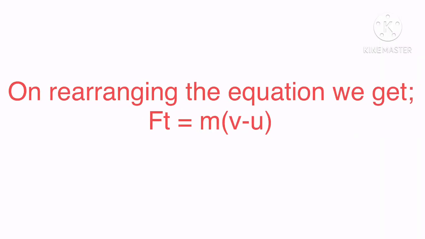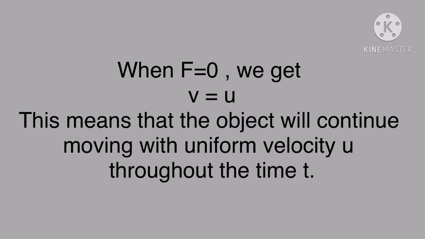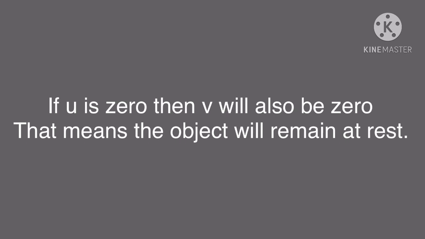On rearranging the equation, we get F into t equals m into v minus u. When F equals 0, we get v equals u. This means that the object will continue moving with uniform velocity u throughout the time t. If u equals 0, then v will be 0. That is, the object will remain at rest.